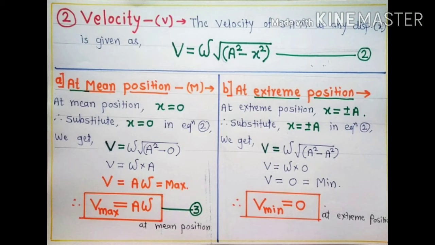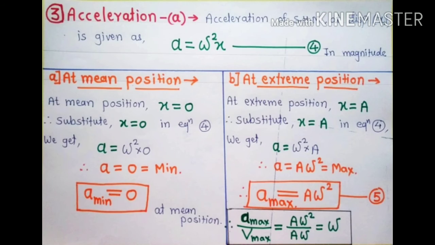Similarly, third, values of acceleration a. To obtain maximum or minimum values of acceleration, first we consider the general expression for acceleration of SHM at a displacement x as a is equal to omega square x, in magnitude only, we consider without sign, equation 4. Then we consider the mean position.